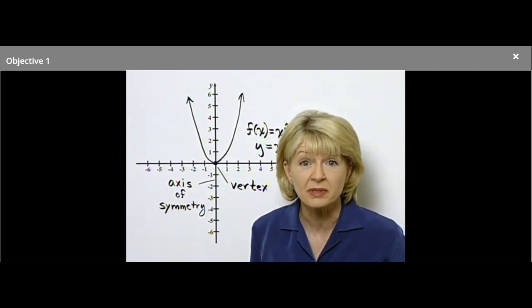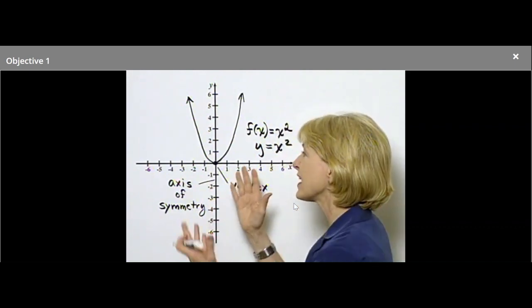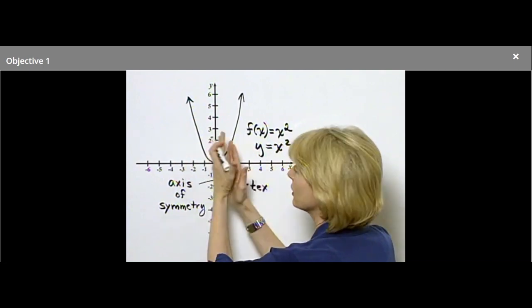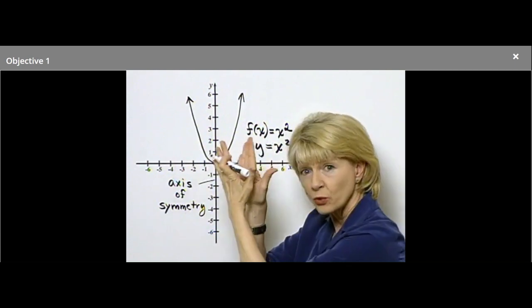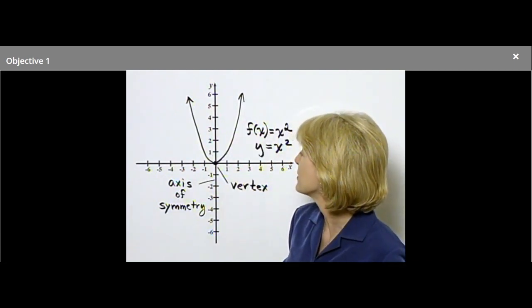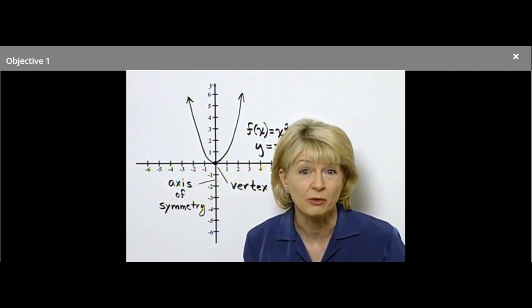Now, what does it mean to be symmetric about, in this case, the y-axis? It means that, for example, if I were able to fold this along the y-axis, these two pieces would coincide. So that's what I mean by the axis of symmetry. So in general, that is the graph of f of x equals x squared.